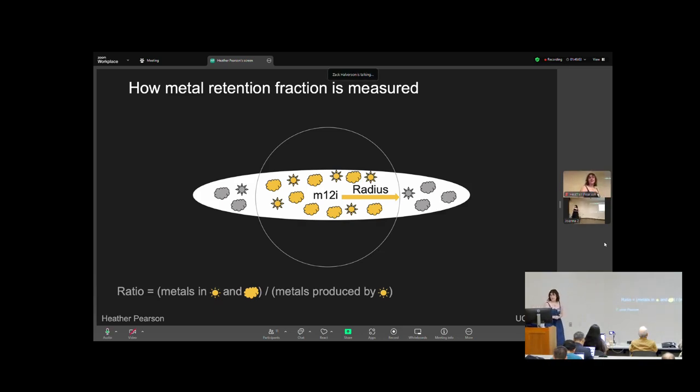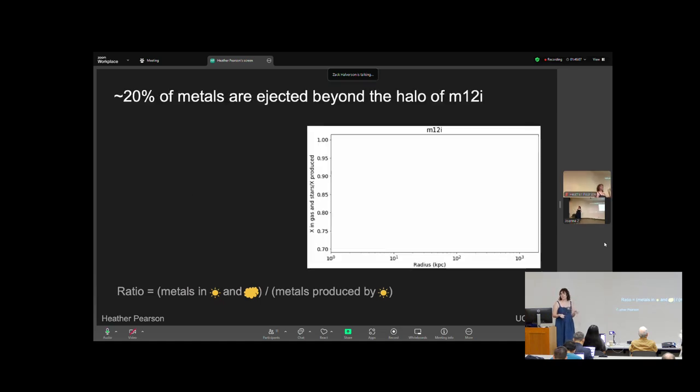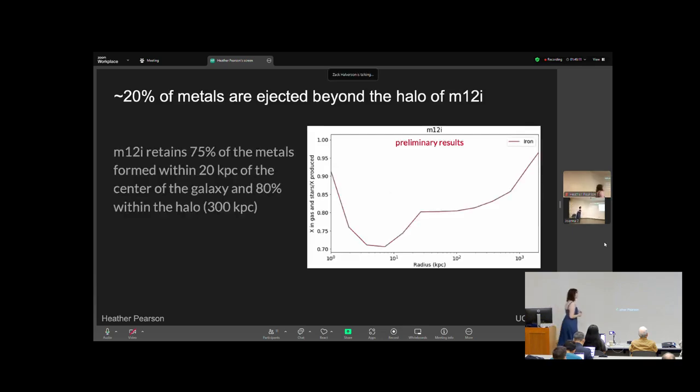So now we have a plot where we have radius on the x-axis and this value that I've just described on the y-axis. And it looks like this. It's not monotonic. It decreases in the beginning. We think that's because of metals moving inward in the galaxy. At very large radii, the ratio goes to 1, because of course if you go to an arbitrarily large radius, all the metals that were produced in the galaxy will be stored in there somewhere.